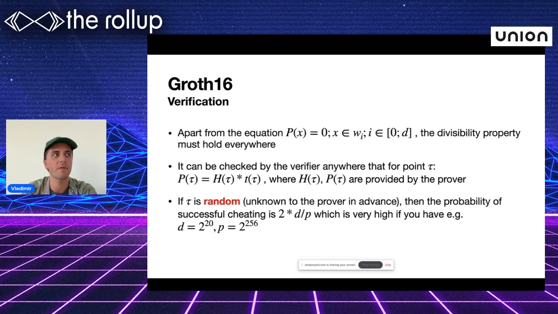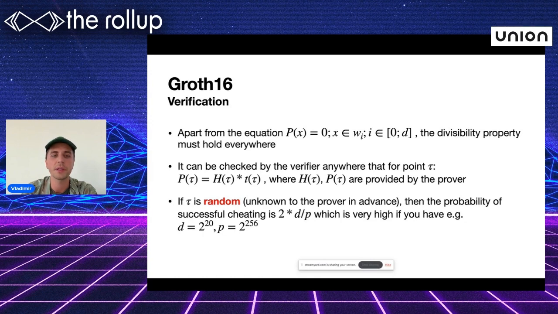So if we have a single point tau, we can check that h times t is indeed P, and that would give us that the assignment was correct.